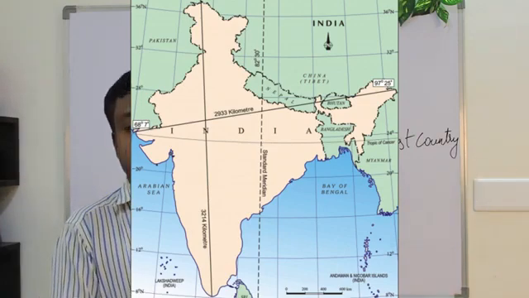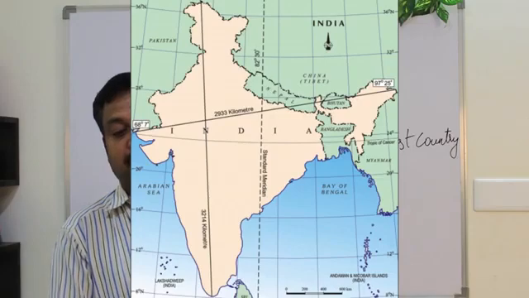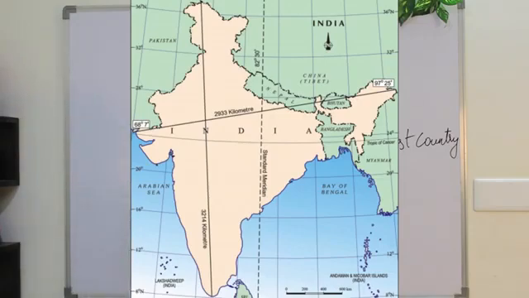And from north to south, from Kashmir to Kanyakumari, it is 3200 kilometers.